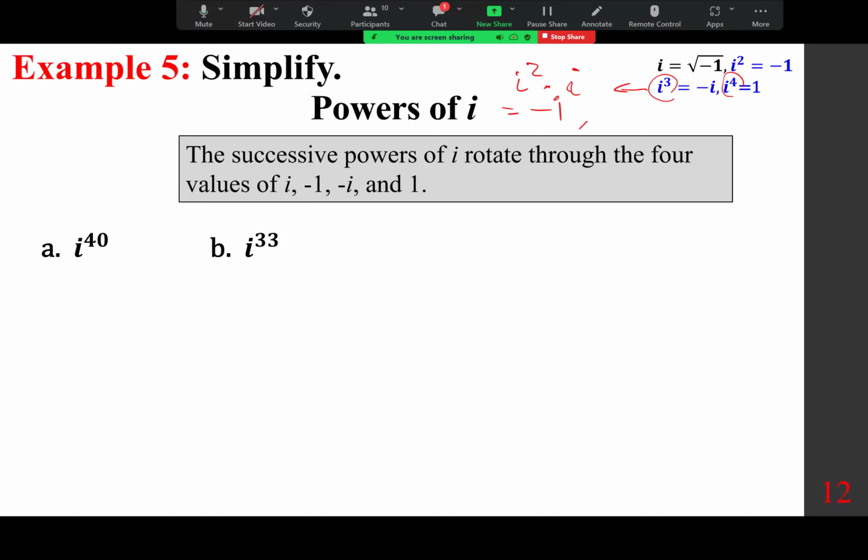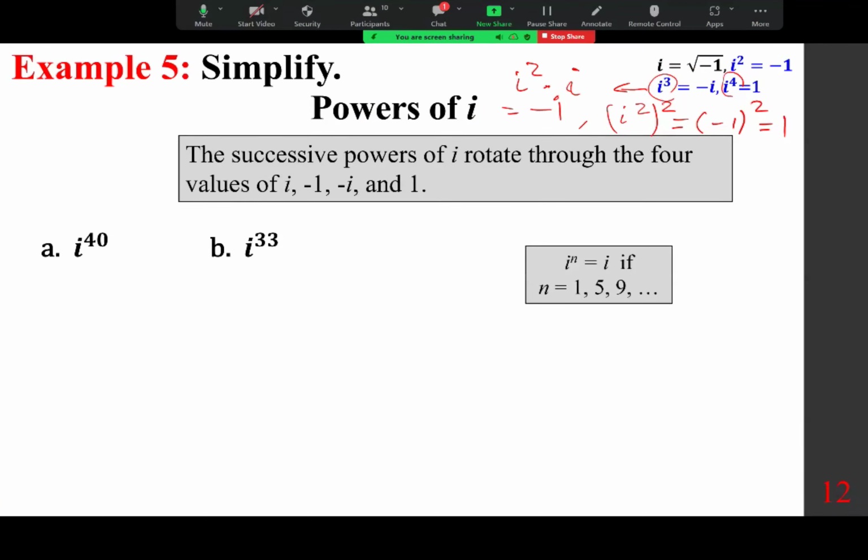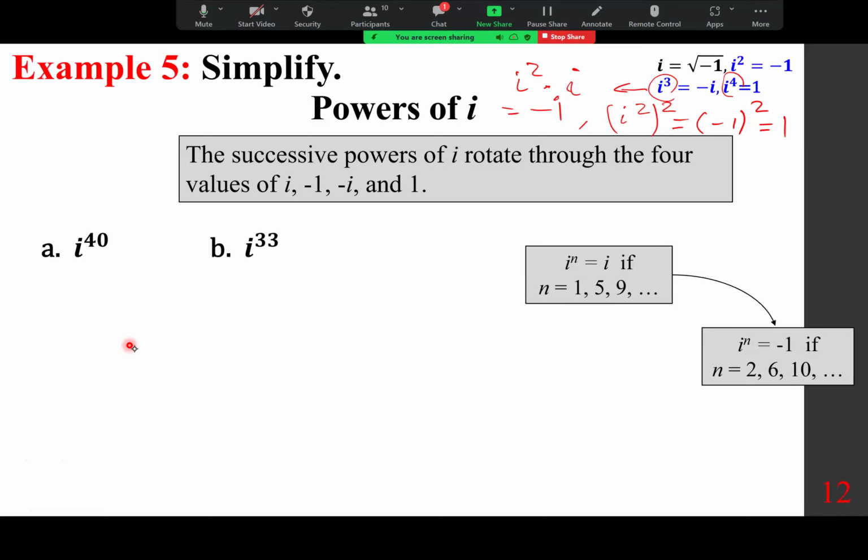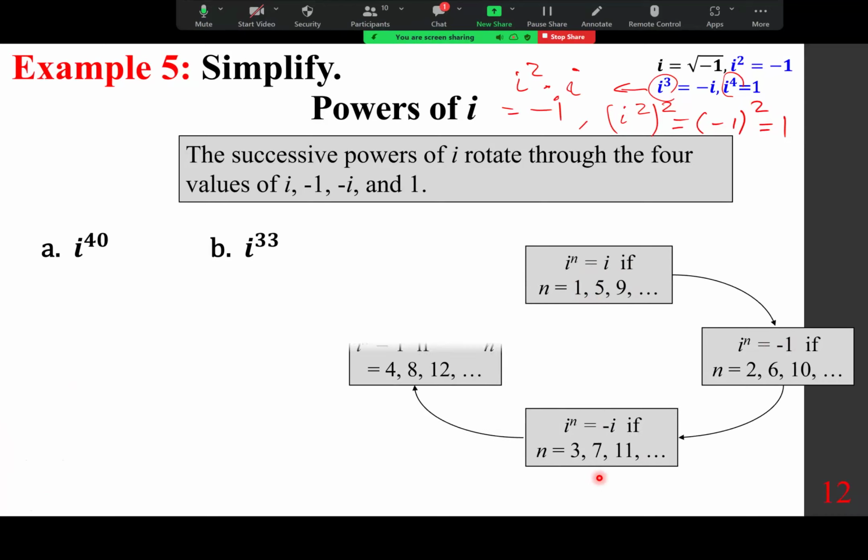I to the power of 4, you can say, is I squared quantity squared, which is -1 quantity squared, and that makes it 1. And therefore, I to the power of n moves in this fashion: it's I if n is 1, 5, 9; it's -1 if it's 2, 6, 10; it's -I if it's 3, 7, 11; and it's 1 if it's 4, 8, 12.